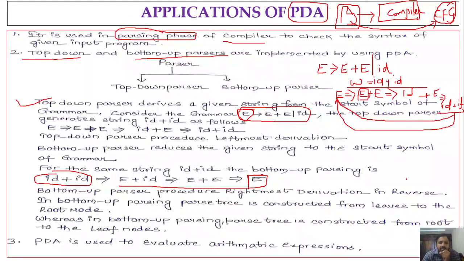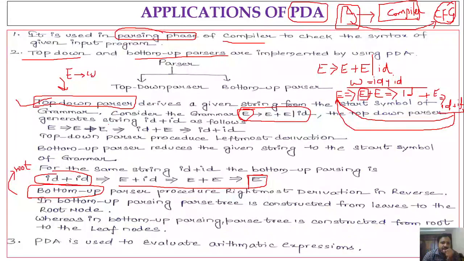In parsing we can construct the parse tree. We already discussed the parse tree, so we can construct it for either top down parsing or bottom up parsing. In top down parsing, the tree is constructed from root to the leaf, since we start with the start symbol of the grammar and get a string w.